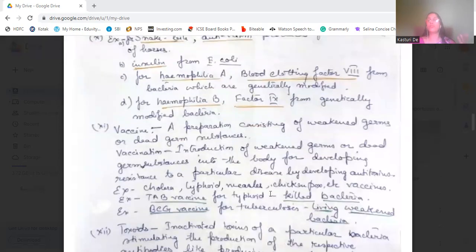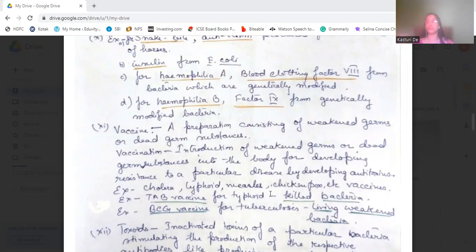Now we come to vaccines. A vaccine is a preparation which consists of weakened germs or dead germ substances. So it's a preparation which consists of what?